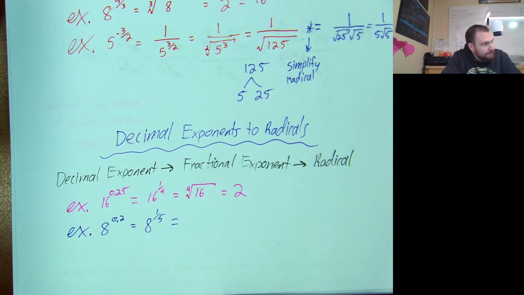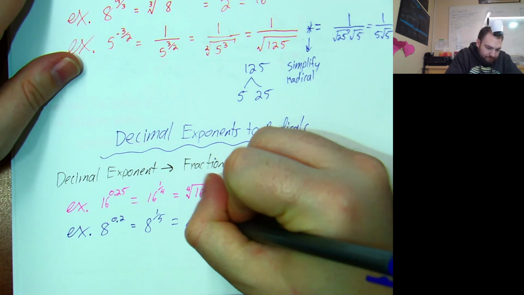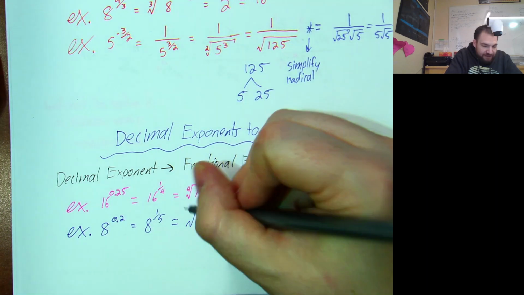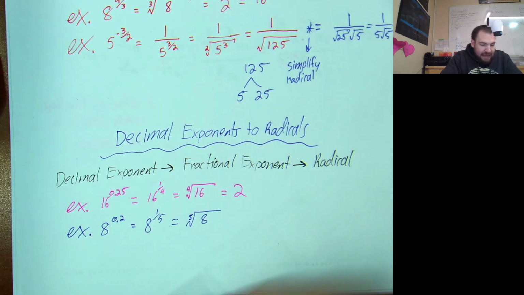And then my last step, Rebecca? 5 in the index, good. And can I do the 5th root of 8? Does 8 have a nice, easy 5th root? No, so we're done. That's it.